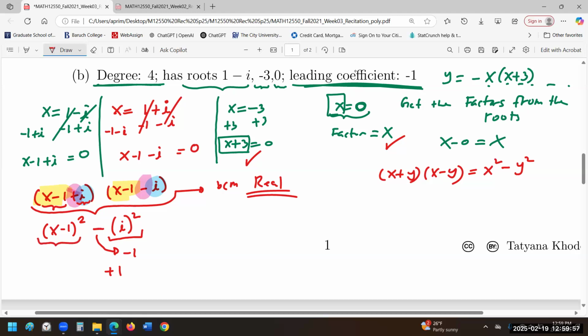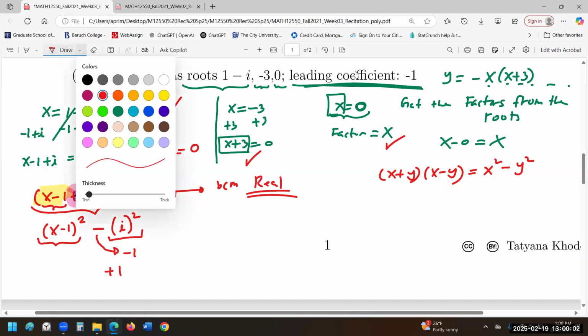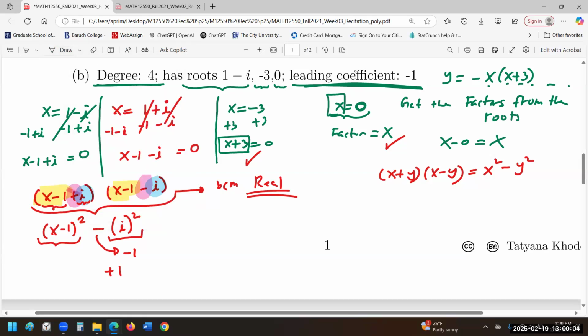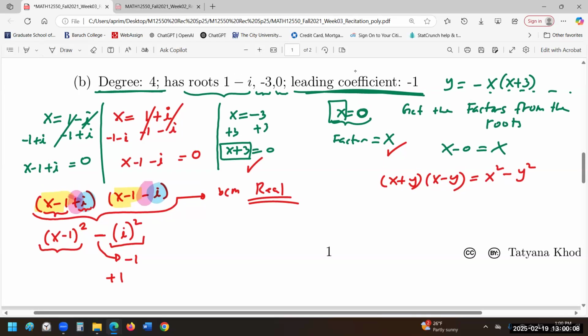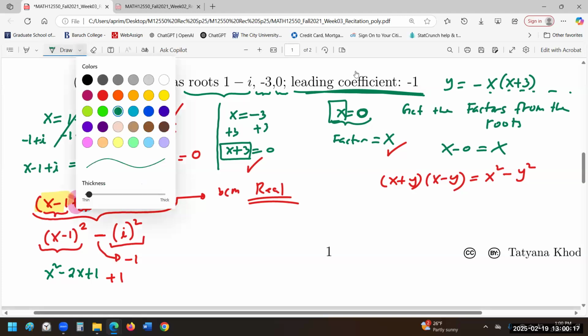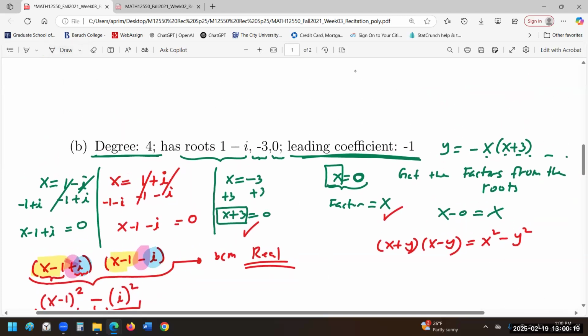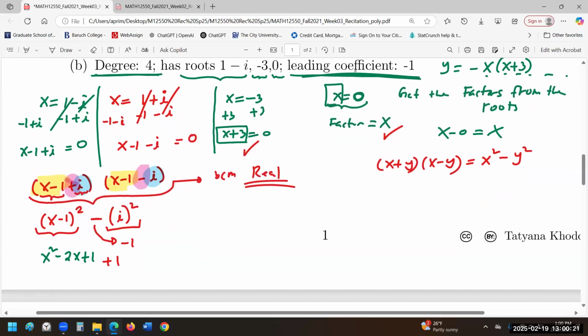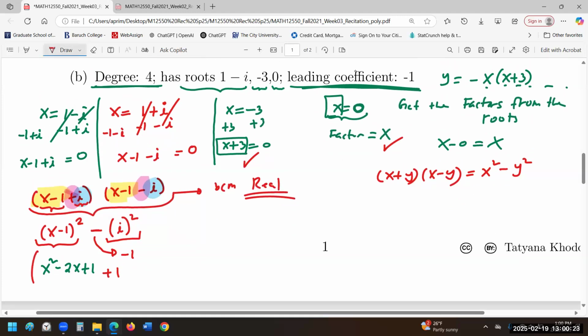So we expand this so that we can combine with the 1. And when you expand, you get x squared minus 2x plus 1. So this is the factor we have, but as you see, we can combine them.